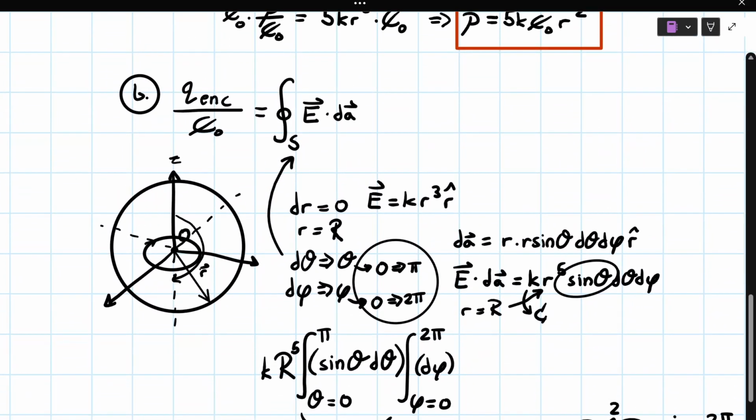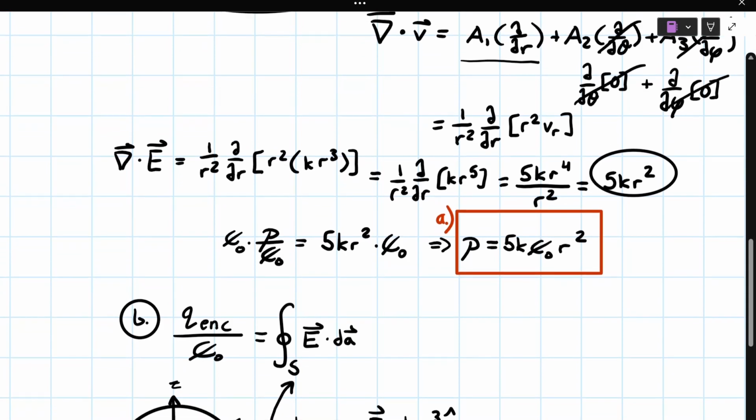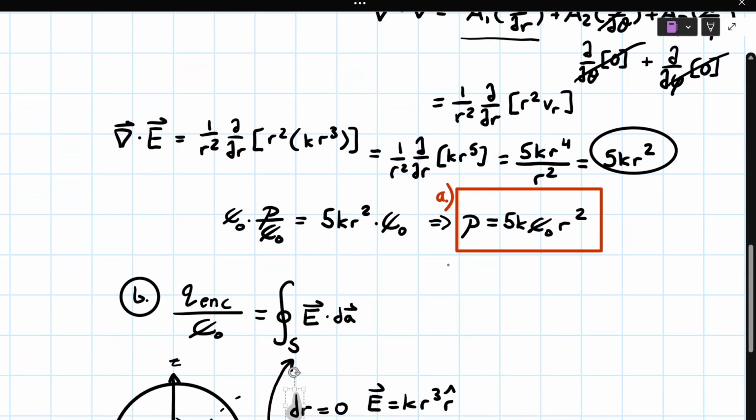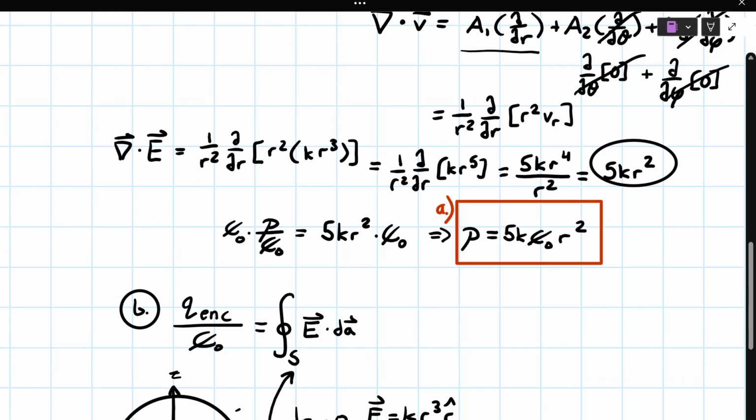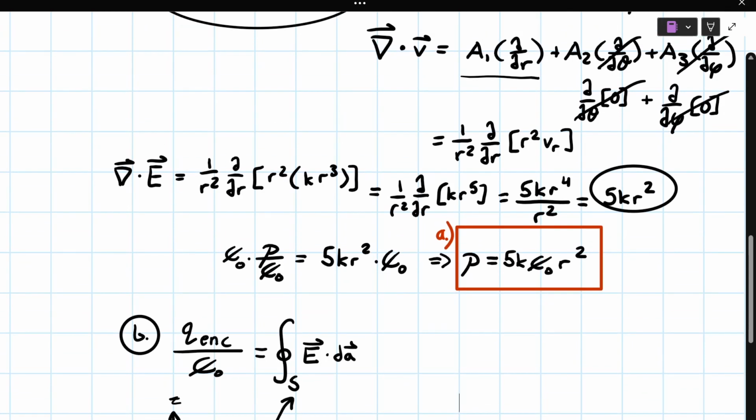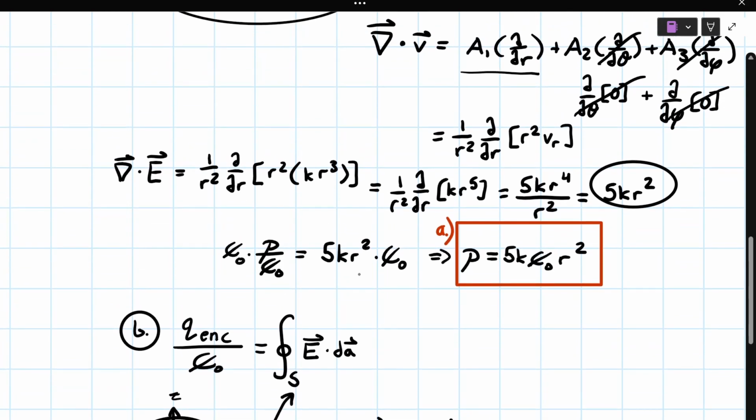And let me just make sure we didn't make a mistake there. Actually, that would be important. So if I go back here, the mistake that I'm worried about making right now is that I didn't move this epsilon naught correctly in reference, right? We know that q over epsilon naught, this was the first portion.